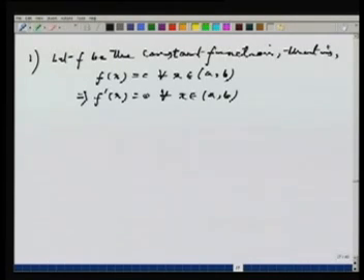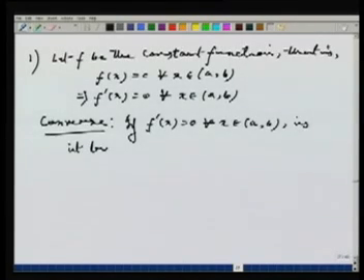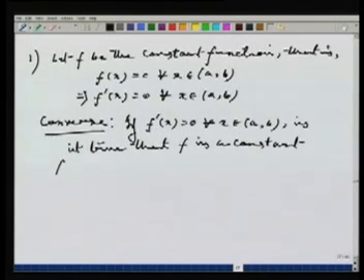Question is the converse. So the question is, if f'(x) is 0 for all x in open interval (a, b), is it true that f is a constant function in the open interval (a, b)?